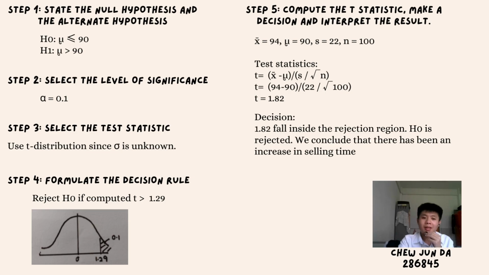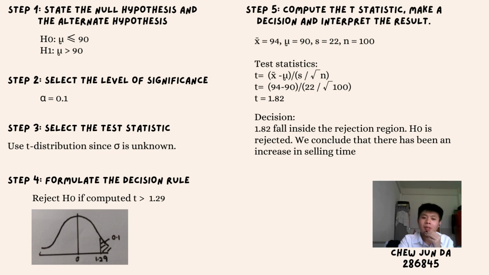We must determine that the H0 is mu less than or equal to 90, H1 is mu more than 90. Step 2, the significance level is 0.1. Step 3, we use the t-distribution since the standard deviation is unknown. Step 4, reject H0 if computed t is more than 1.29.